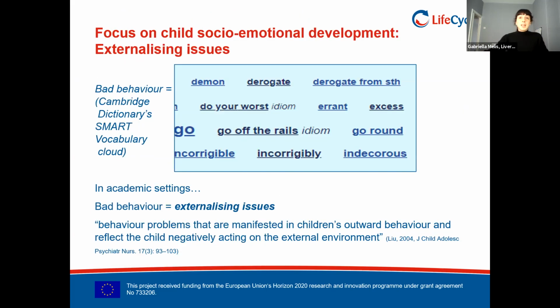So as you can see here, I put together an explanation of what externalizing problems are. The main construct defines behavioral problems that are manifested in children's outward behavior and reflect the child negatively acting on the external environment.